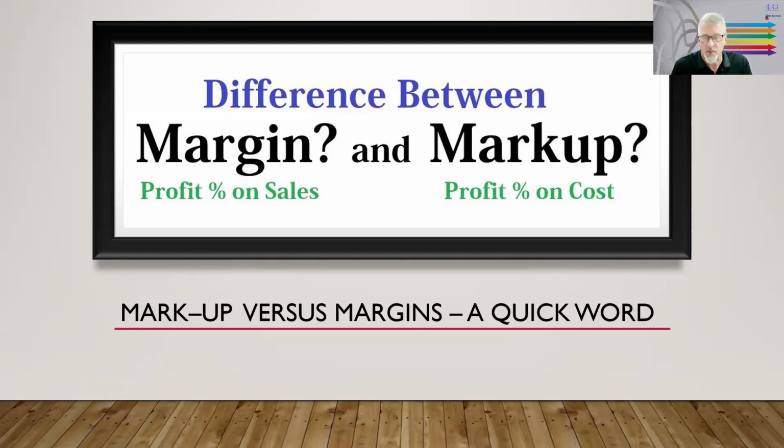If it costs me $100 to make something or to deliver something and I add 10% to it, I sell it for $110. That means my markup is 10%. Your sales minus the cost of goods sold equals your gross profit margin. So they can be quite different, but markup and margin are different. Markup is your profit on cost. Your margin is your profit on sales.